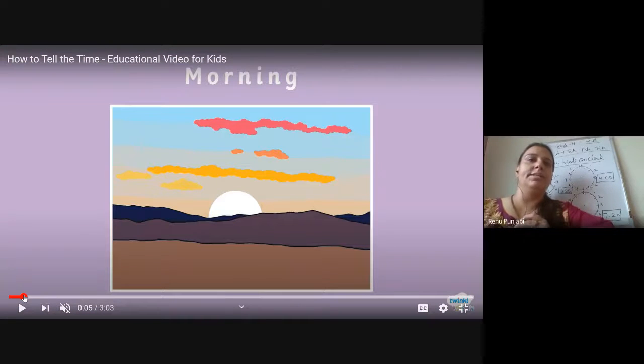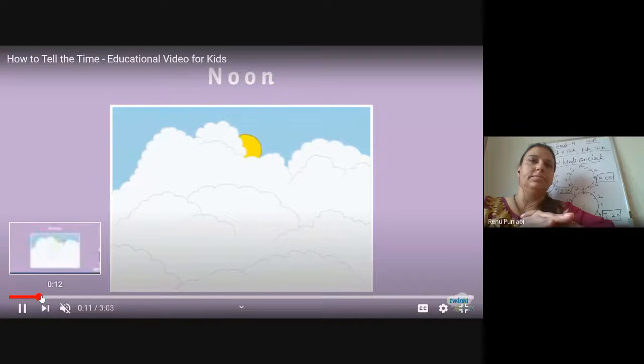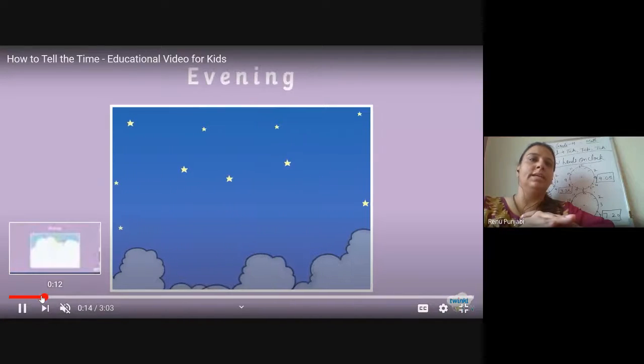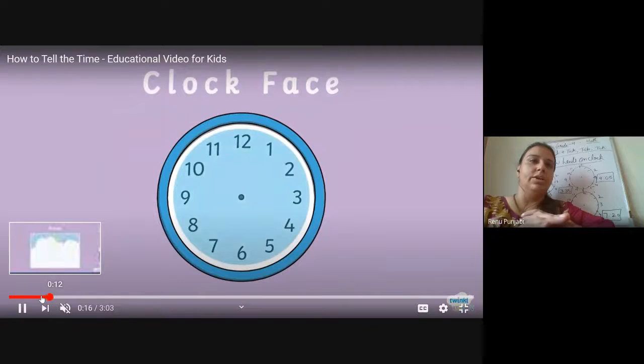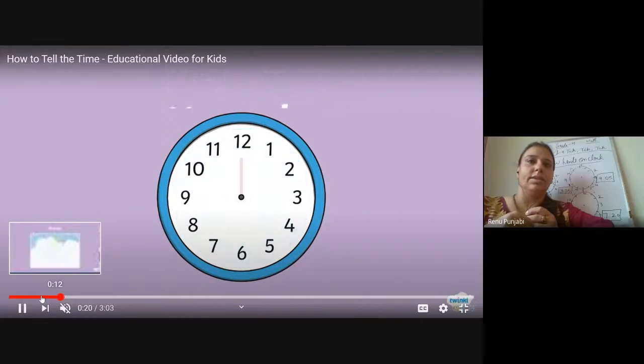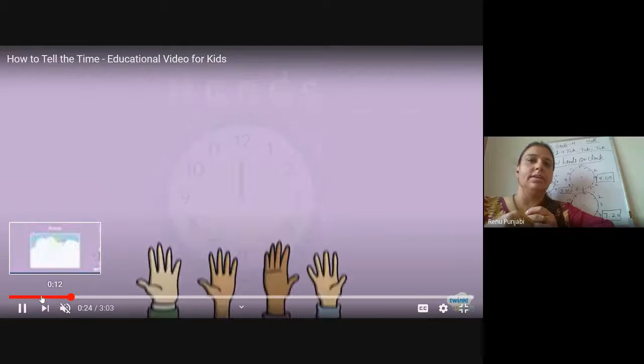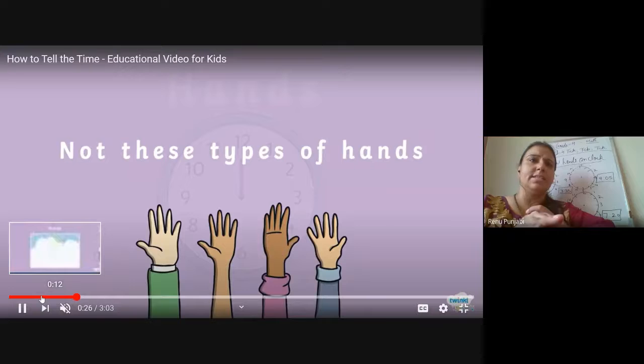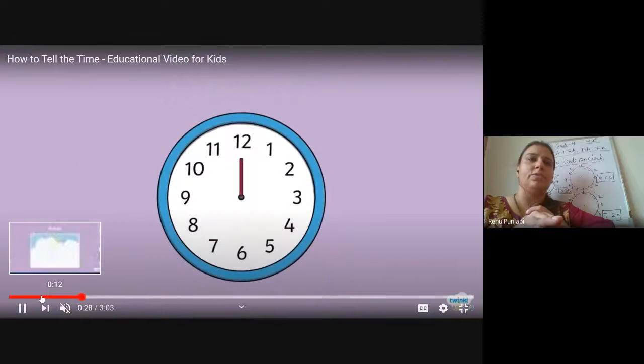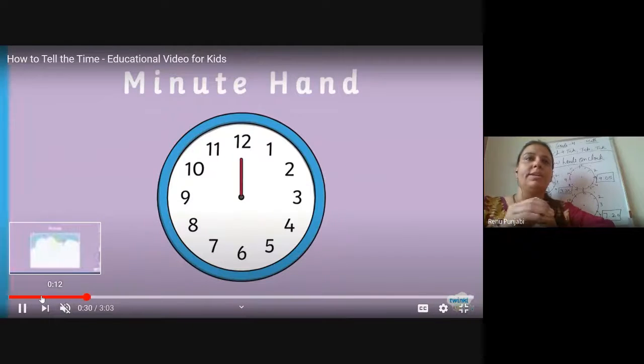See, it's morning time, noon, and then evening and night also. Now this is the clock face. There are hands. Are the hands like this? No, a clock does not have these types of hands.